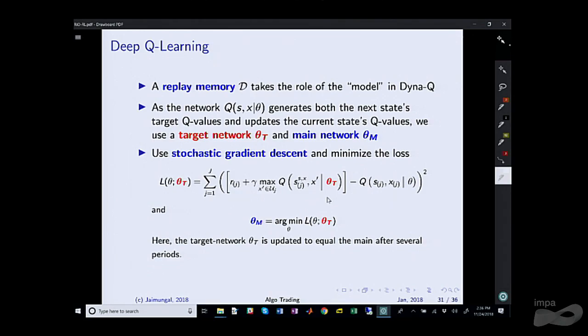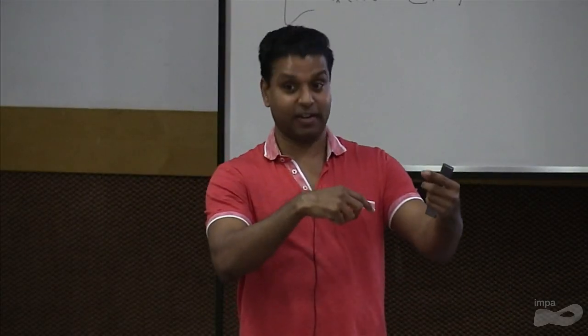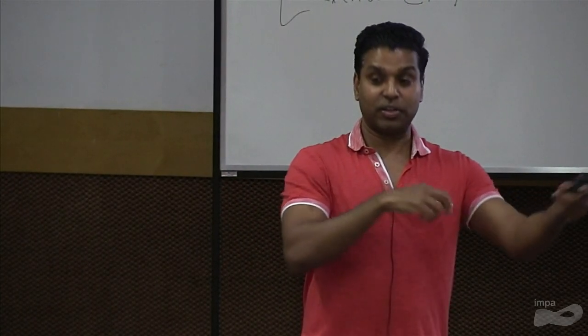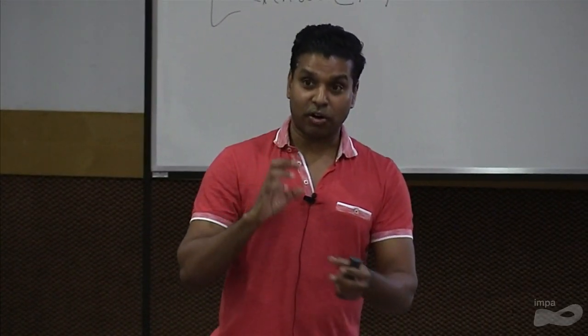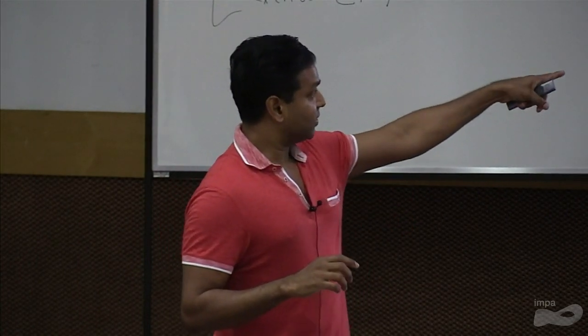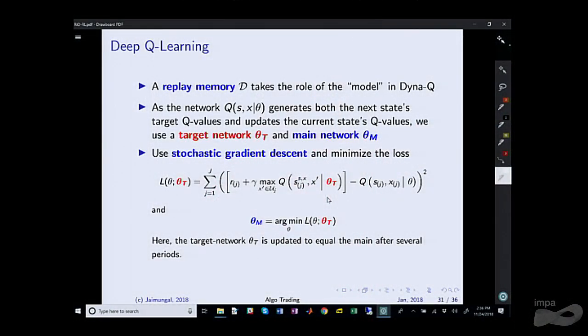Theta L is updated every single time, because I go from theta L to theta L plus 1, then theta L plus 2, and so on. So the network is constantly being updated, what my target Q is versus what my current estimated Q is. It's constantly being updated. It introduces a bunch of noise, and it's unstable. Or I should say, in different examples, it tends to be unstable.